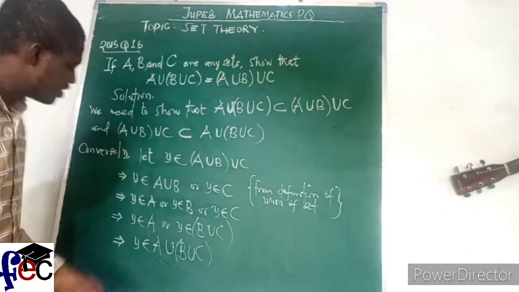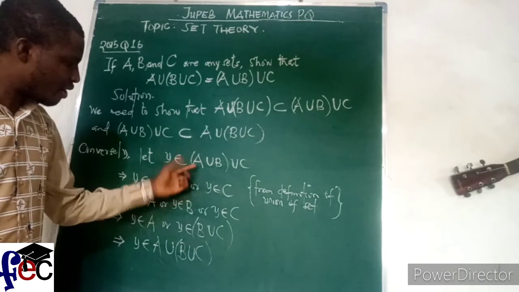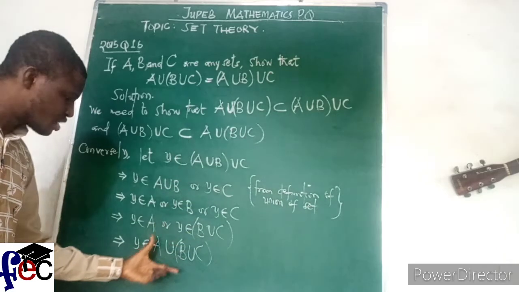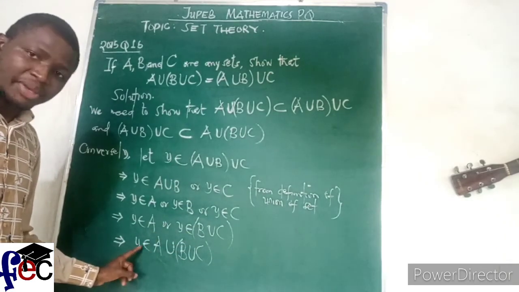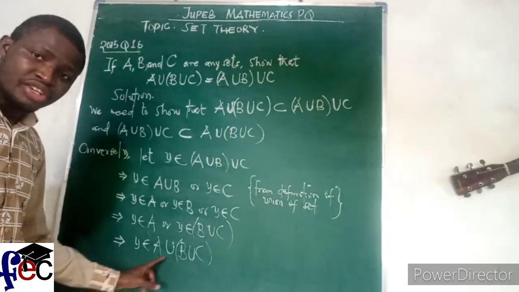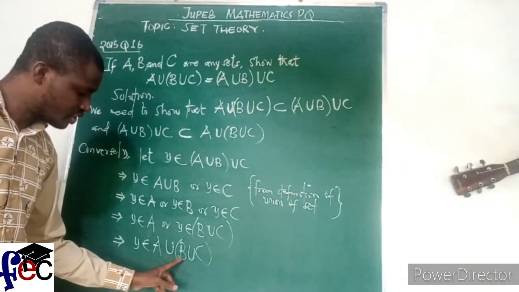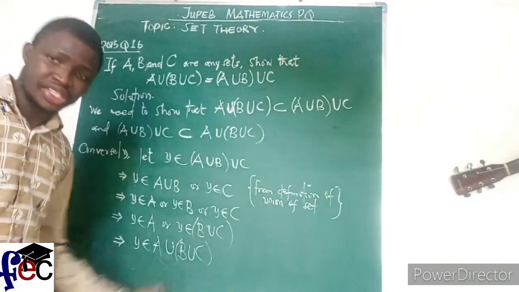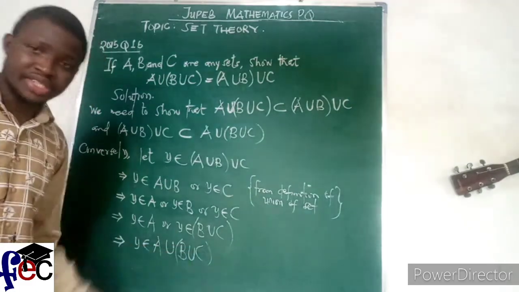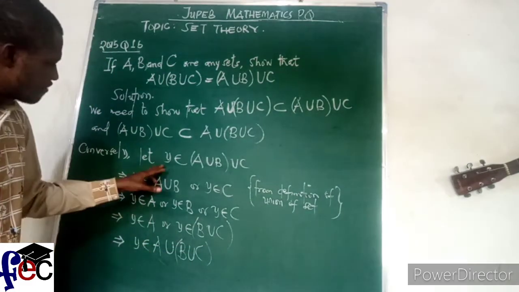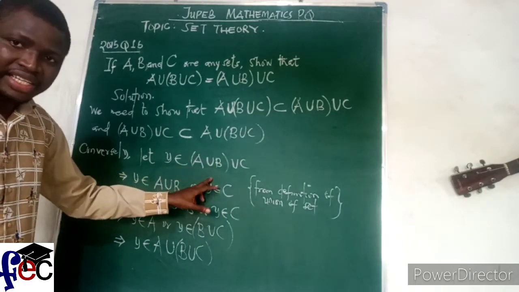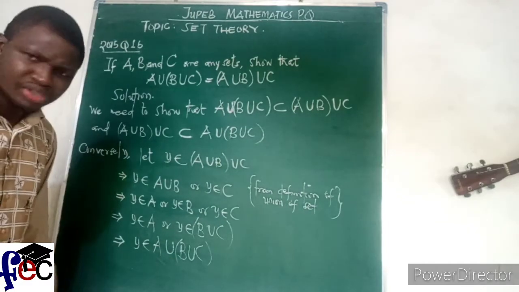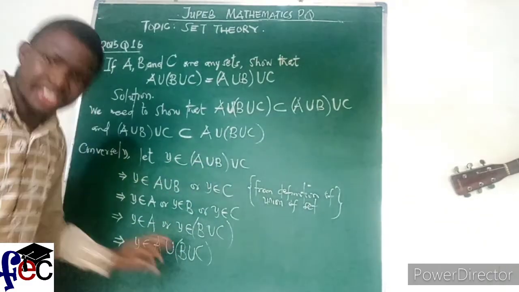What do you notice? I started with Y being a member of A union B union C, and I rearranged only to discover that Y has now become a member of set A union the combination of B union C, A union B union C. So if I have picked any arbitrary element here, and I discover that that arbitrary element is also found in this, it shows that this set must be a subset of this set.